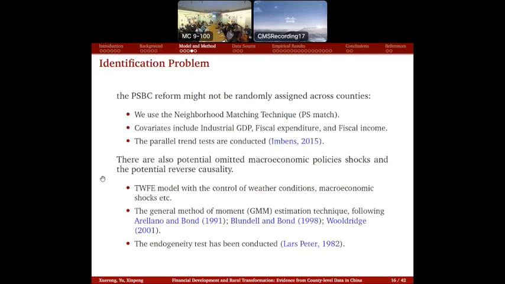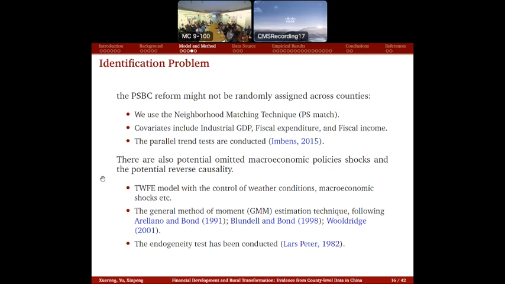However, before we do the empirical analysis, there are still some identification problems. The first is that although I mentioned the reform started at the headquarters of the PSBC, it still faces the issue that the PSBC reform might not be randomly assigned across counties.